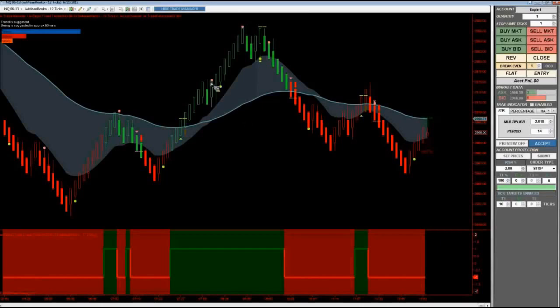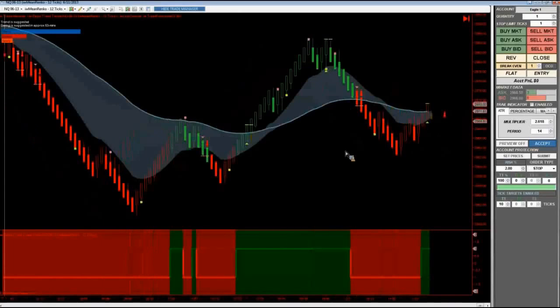We get warning dots, we get triangle and hash marks when the signal completes. You can see here was a signal that completed, but it never fired. It never went any higher, didn't bring us in, so that's all right. No harm, no foul. Here's a signal that did complete, and you can see a little bit of a move to the downside, but not exactly a huge trend, not yet.